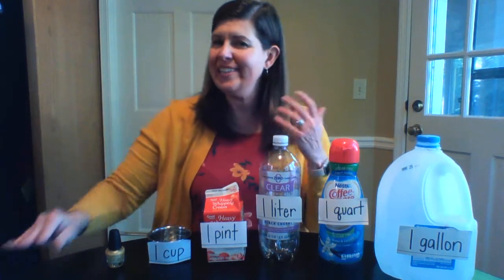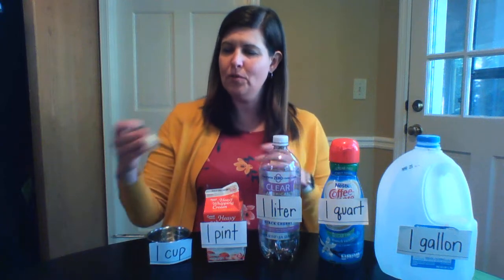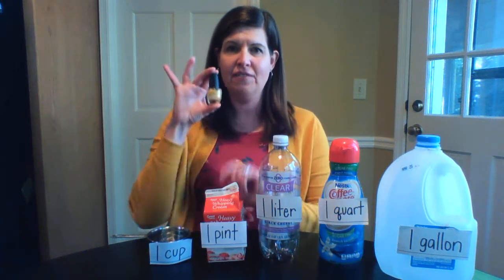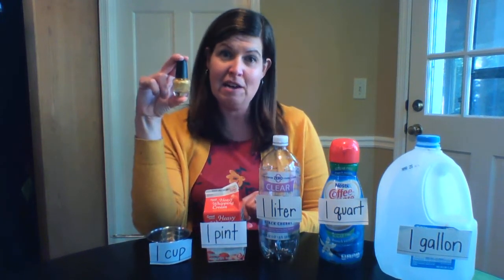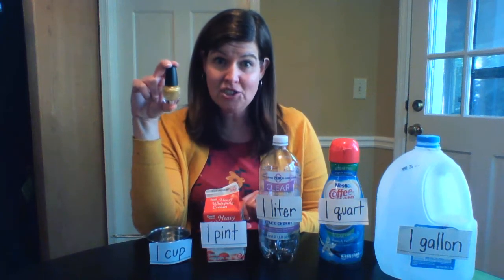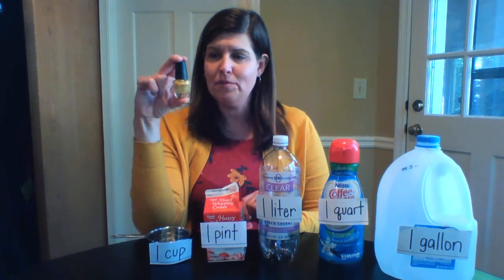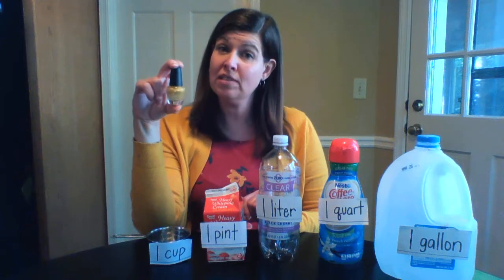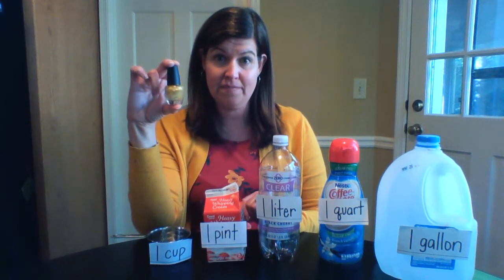Now, a good example in the book for this would be the amount of liquid that is in a bottle of nail polish. And so that would be about 1 ounce of nail polish in this bottle.